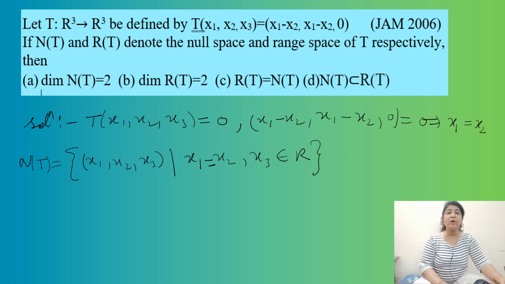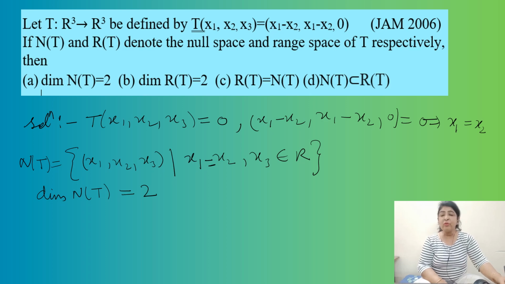Those are the values of x1, x2, x3 for which x1 is equal to x2, and x3 is free. So the dimension of null space of T is equal to 2. Clear? Now the dimension of null space is 2.